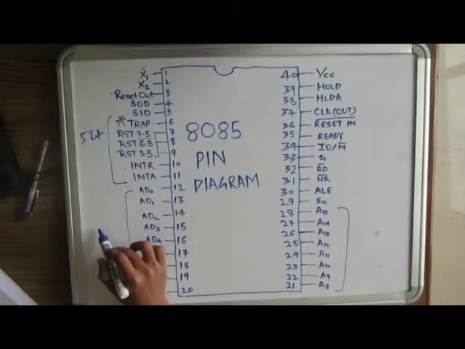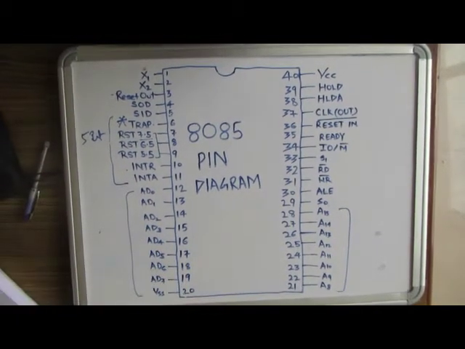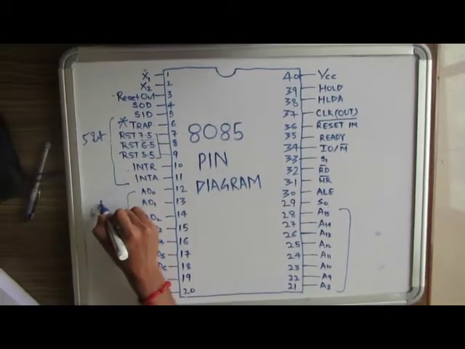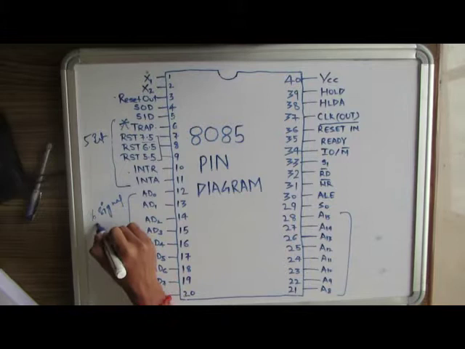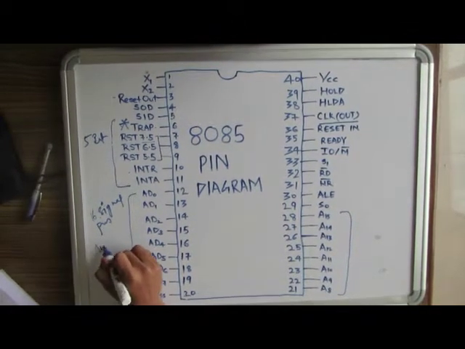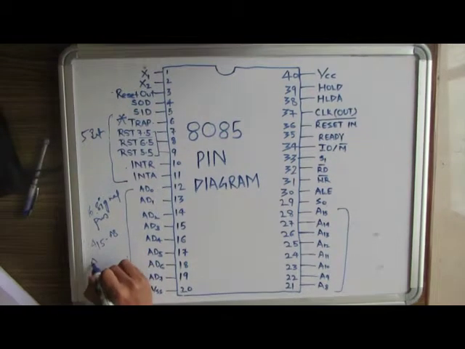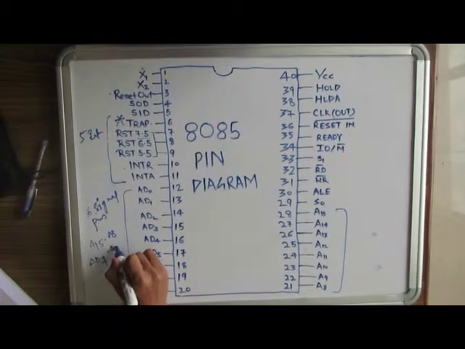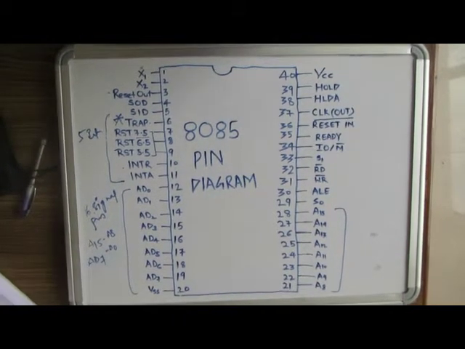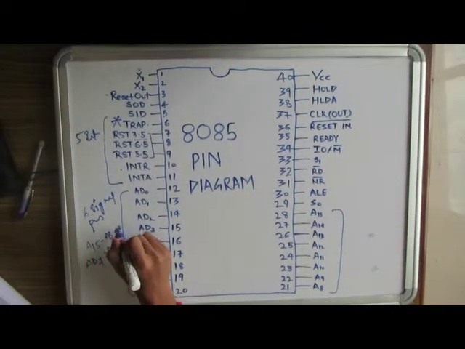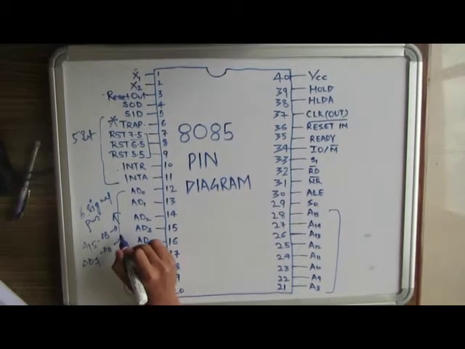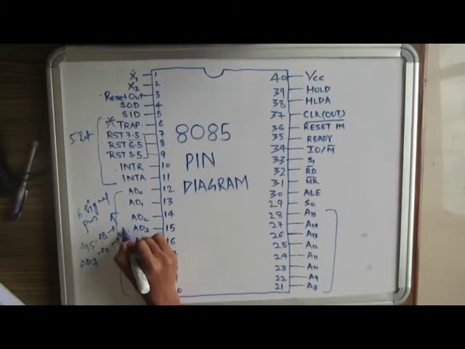These are the address and data buses. There are a total of 16 signals or pins: A15 to A8 and AD7 to AD0. A15 to A8 is unidirectional and AD7 to AD0 is bidirectional.